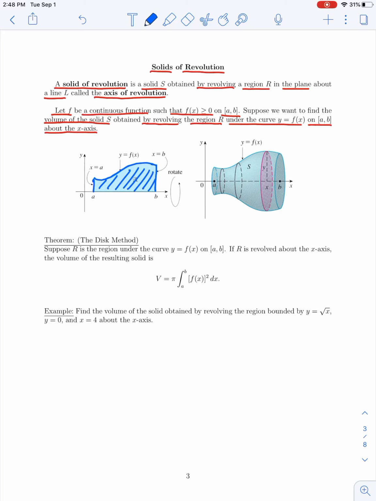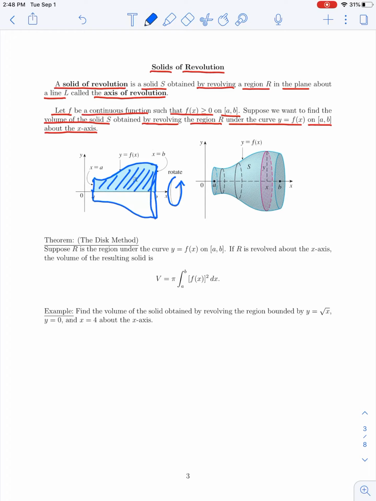So if we're going to take that region and rotate it about the x-axis, we see that we're going to get a solid. It looks something like this, but in 3 dimensions now.